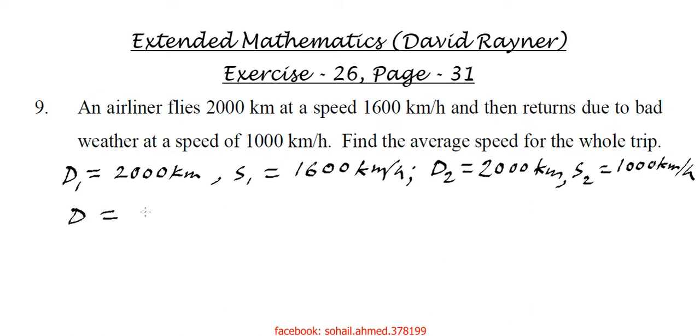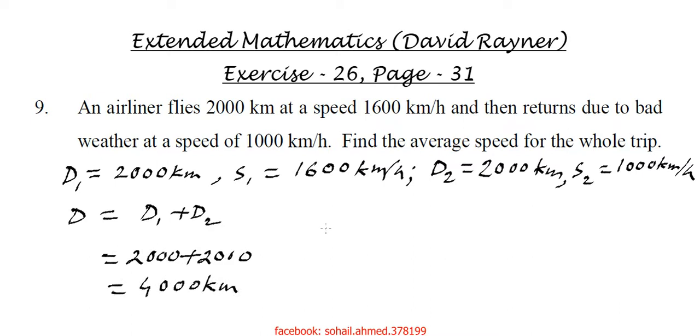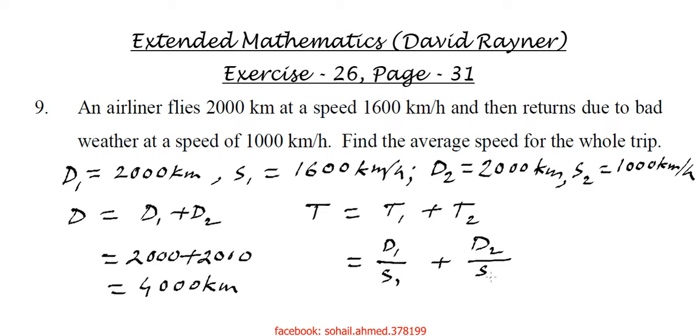Now total distance equals D1 plus D2. So 2000 plus 2000, it will be 4000. Now total time equals T1 plus T2. We know time equals distance by speed, so it will be D1 by S1 plus D2 by S2.